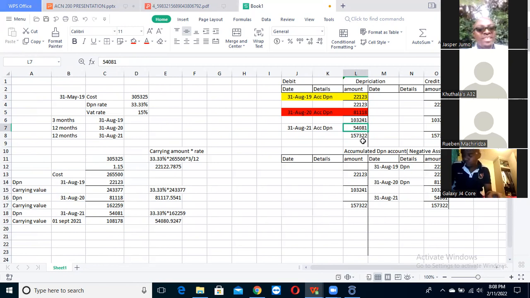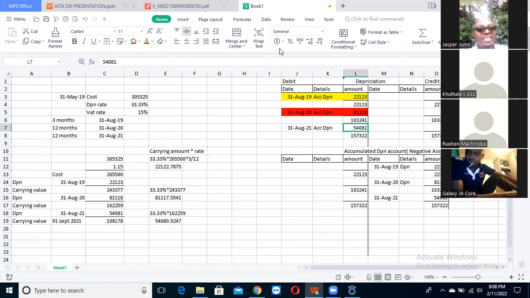This one, we are applying the same rate, but to a reduced amount now, and therefore our depreciation is bound to be reduced. Hence, why it is called the what? The diminishing balance method.